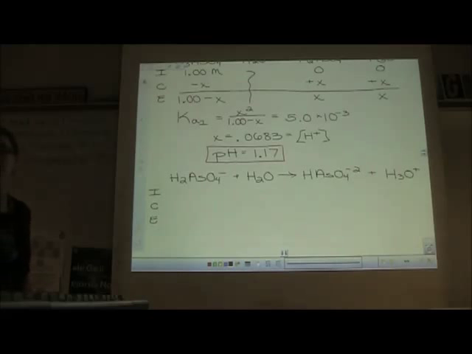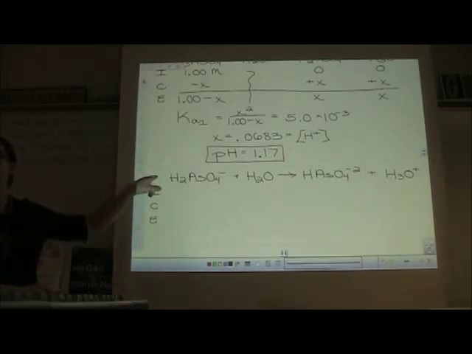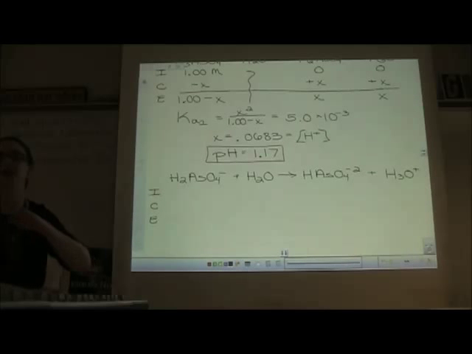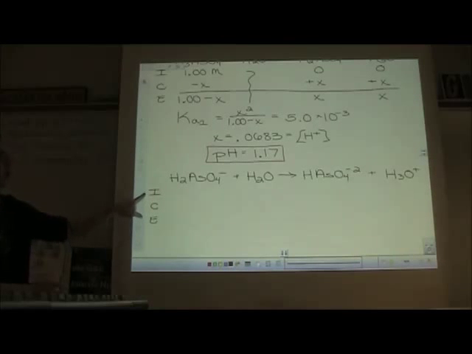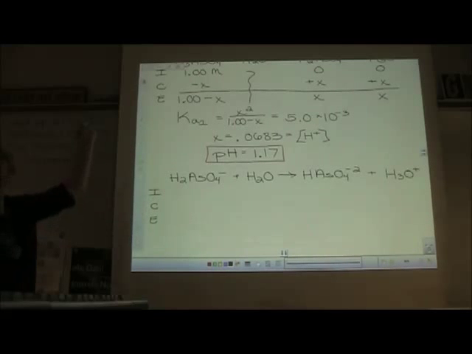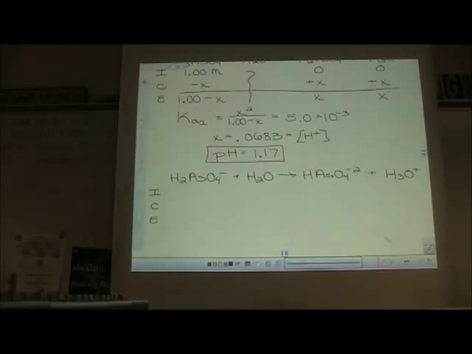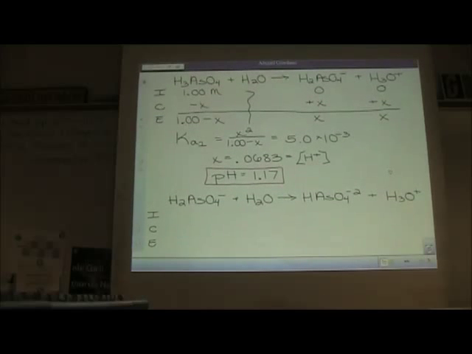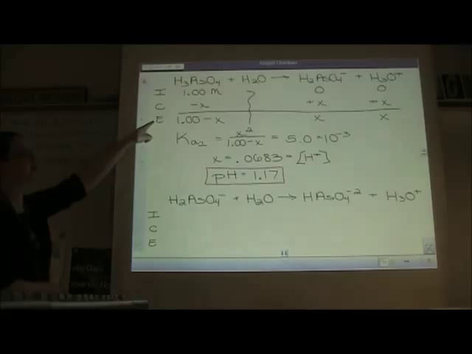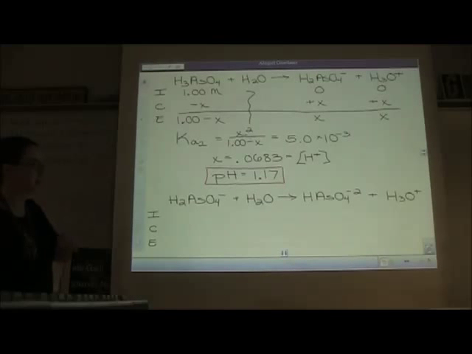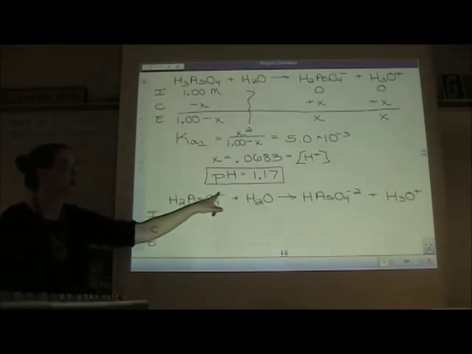Just for your information, because I think this is actually very cool, these dissociations happen one at a time, meaning this second one will not happen until the first one is over. So what's initial here is what's final above it. At the end of the first dissociation, on this E level, was there any of this?